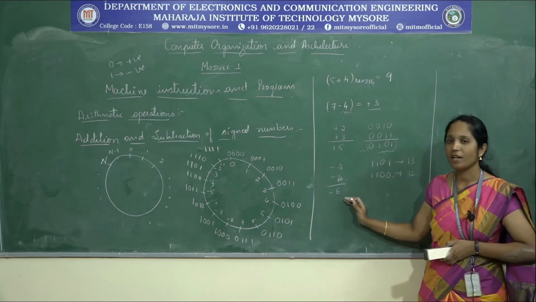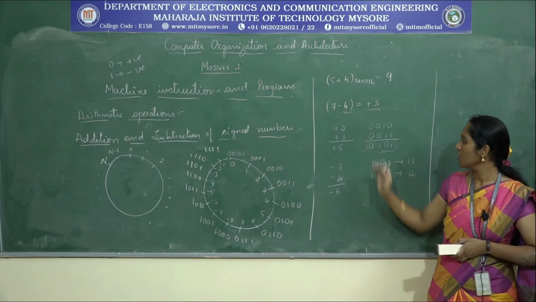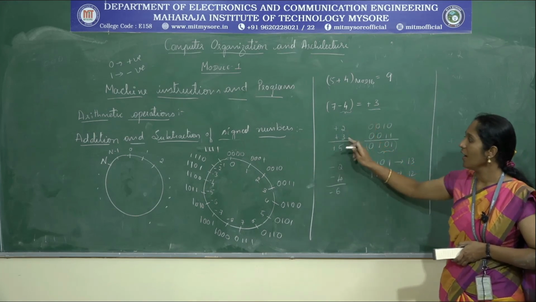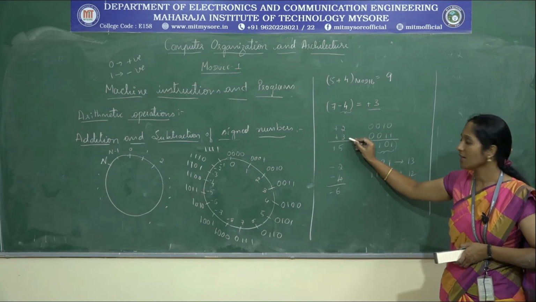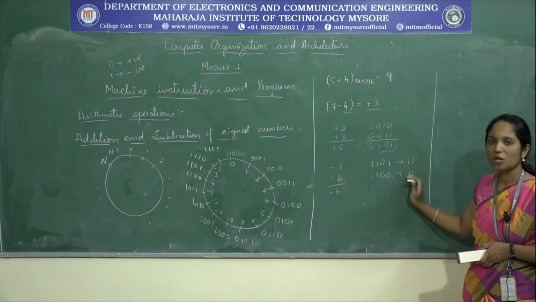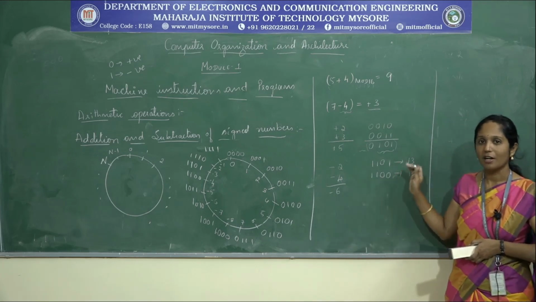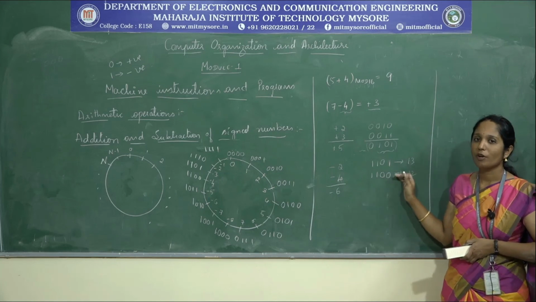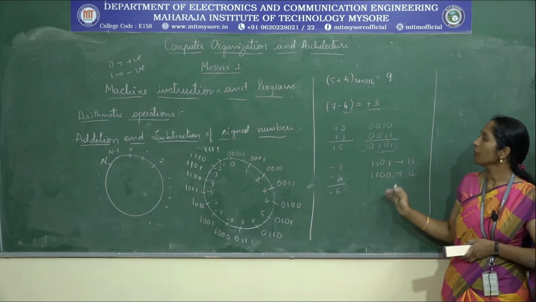If we consider subtraction, here also we are going to perform the same operation as addition. We locate the first operand on the circle, and we rotate the circle in the clockwise direction as many times as the second operand. So in 2's complement form, that is the advantage we have: for both addition as well as subtraction, we perform the same addition operation.